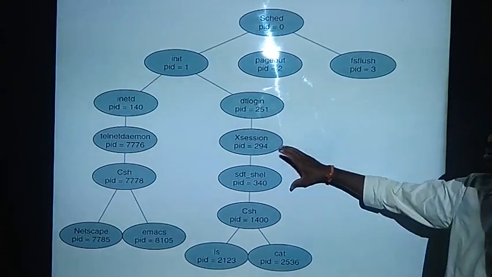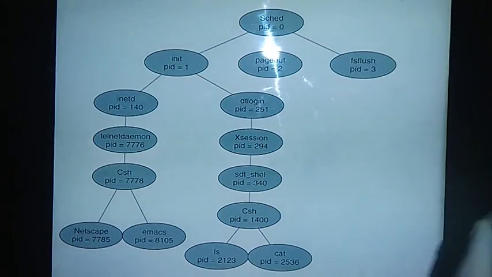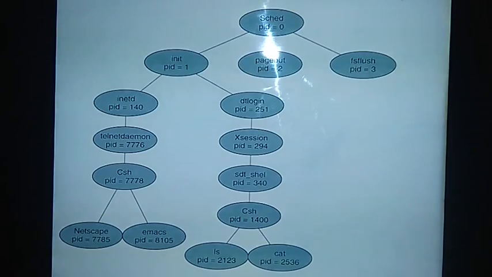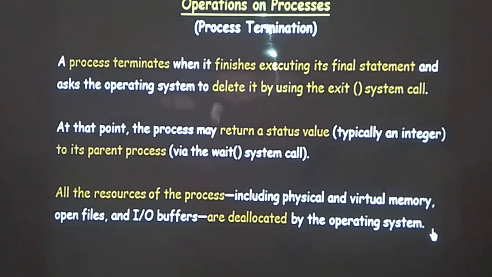In order to terminate, at a particular point, it will return to its parent process that I am done with my instructions. It will return some integer value, sending a signal that your child process has been successfully executed.